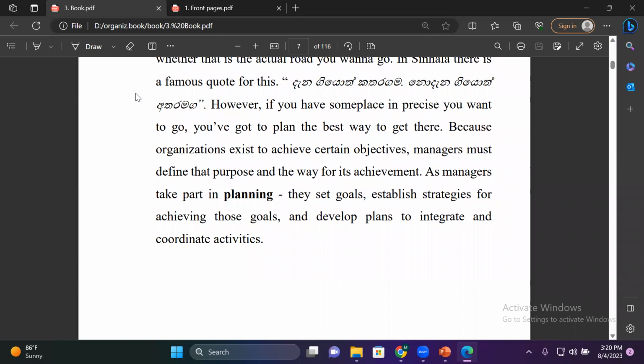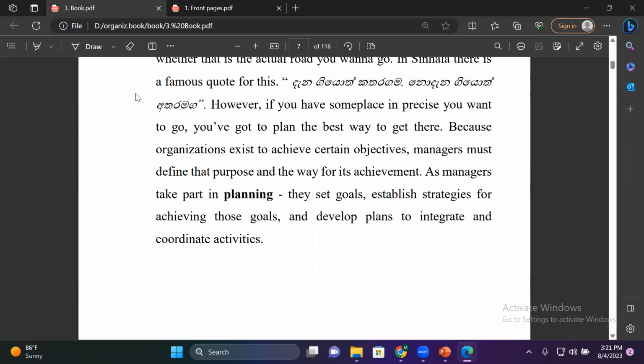And what we are talking about under planning: setting goals, establishing strategies for achieving these goals, and developing plans to integrate and coordinate activities. Write it down. If you are not going to get the book, please write the notes, so it would be important. Otherwise, if you have the book, of course, you can underline it yourself.